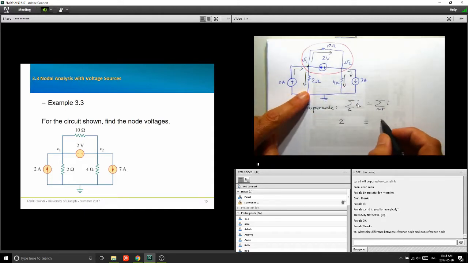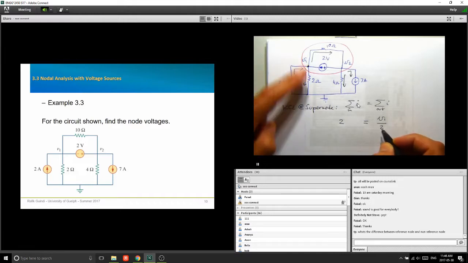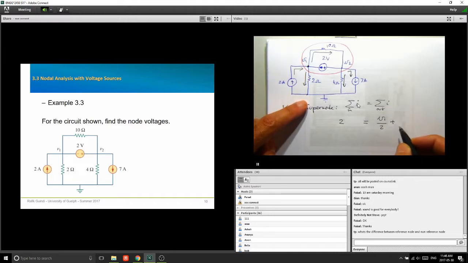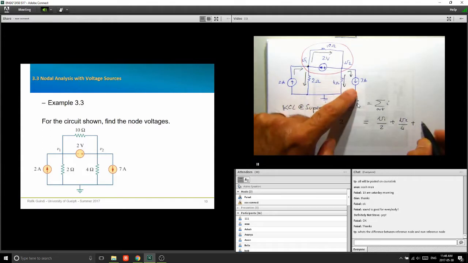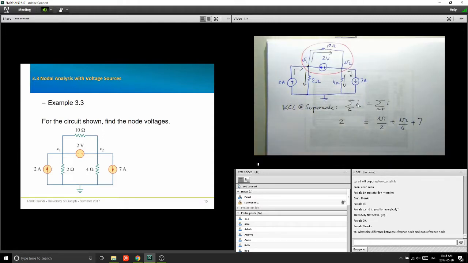So I have this one flowing out, that's V1 over 2, that's V1 minus 0 over 2, plus the second current is V2 over 4, plus I have 7 amps flowing out. Okay, so there you go. This is the first equation. You can rearrange that. That's your first equation.